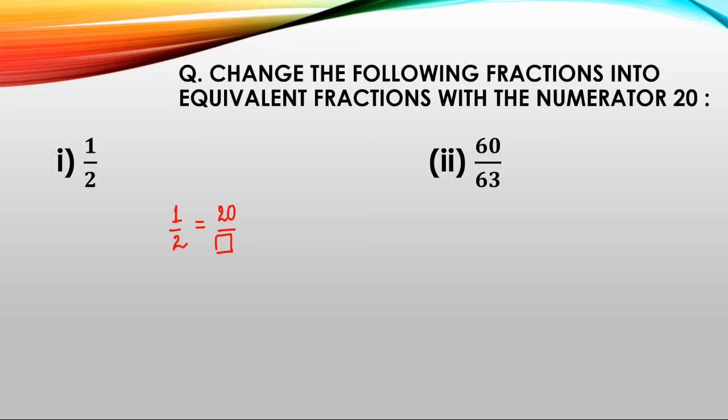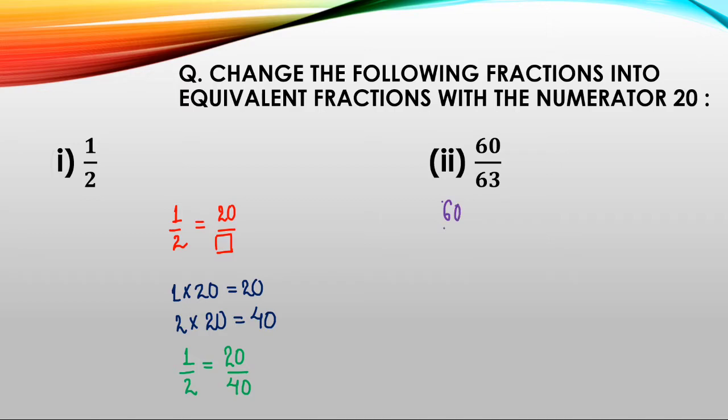We can see we have to multiply 1 by 20 to get 20. Therefore, if the numerator is multiplied by 20, we have to multiply the denominator also by 20. So, 2 multiplied by 20 is 40. Therefore, 1/2 is equal to 20/40.